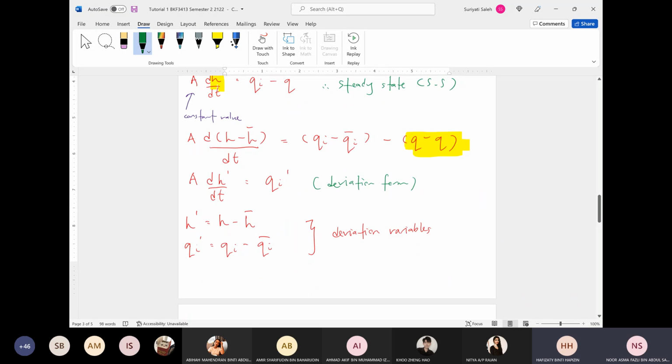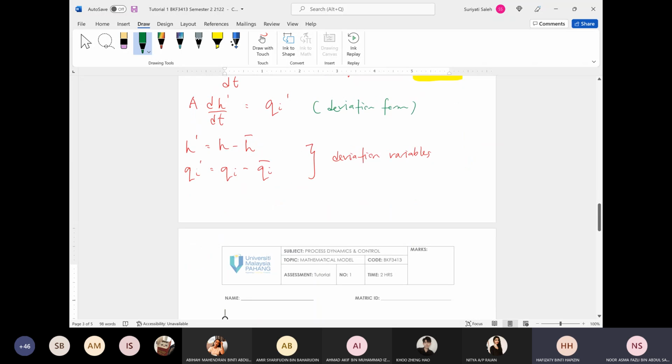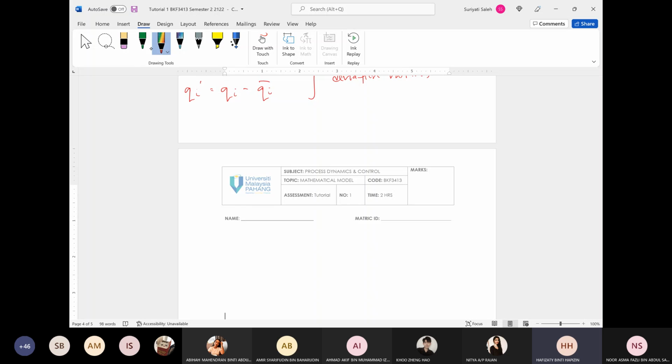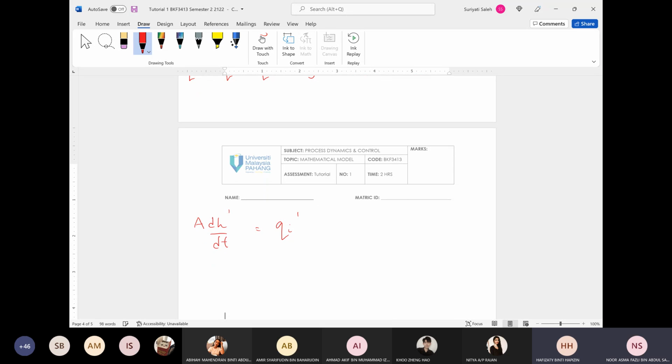So we have the equation of the deviation form: A dH prime over dt equal to Qi prime. So the next step to solve the model is to do the Laplace transform.